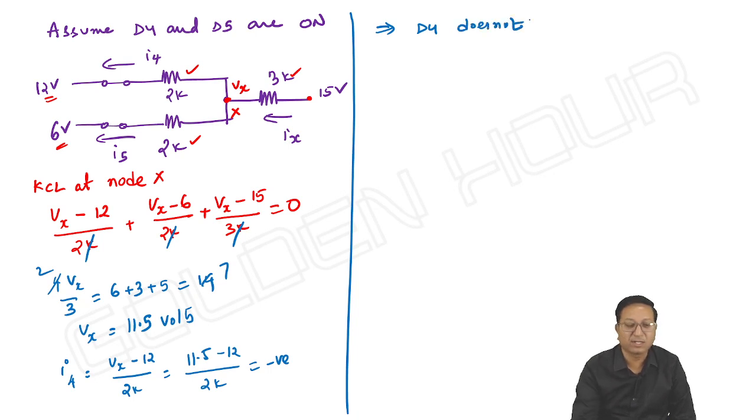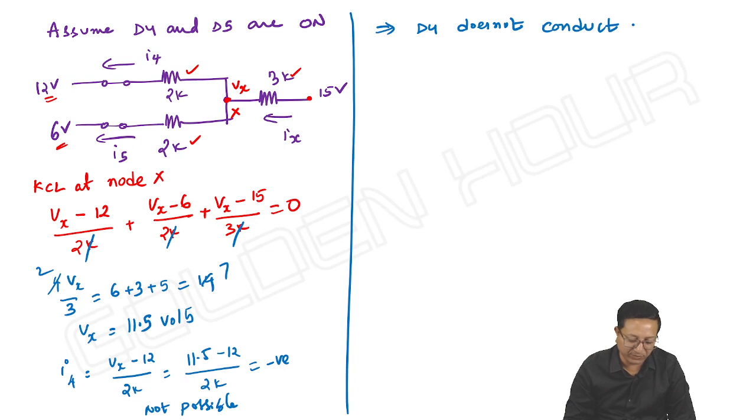If a diode is on, current from anode to cathode should be positive, but we are getting negative. It is not possible. So D4 does not conduct. So what about D5? Vx minus 6, that is 11.5 minus 6 by 2k. It is positive. D5 will be on.